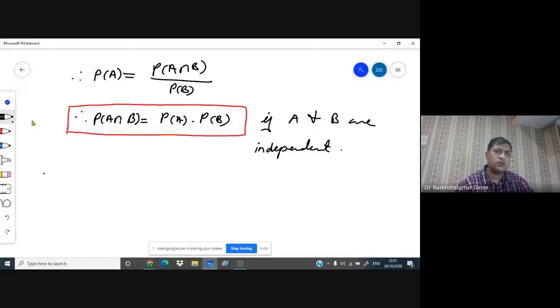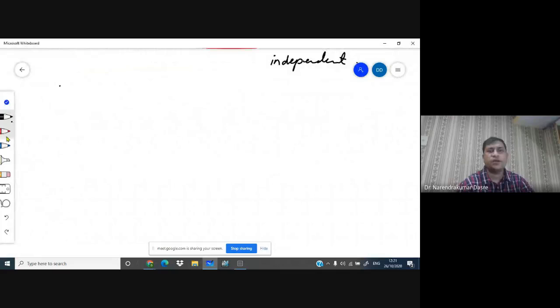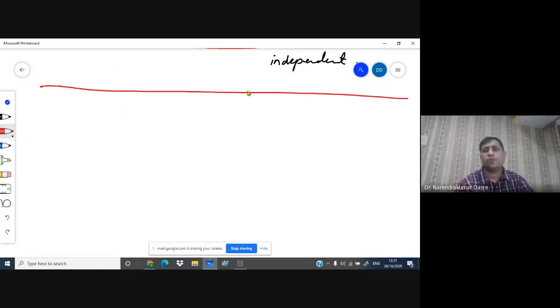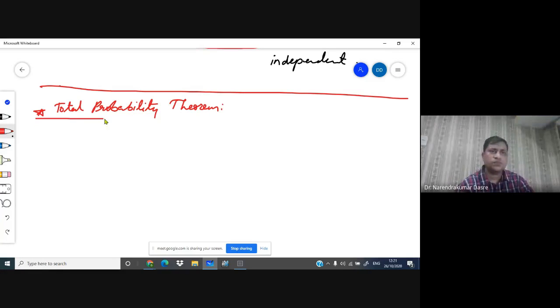So we define the total probability theorem. Here we have a partition.